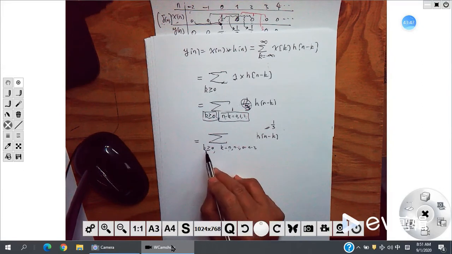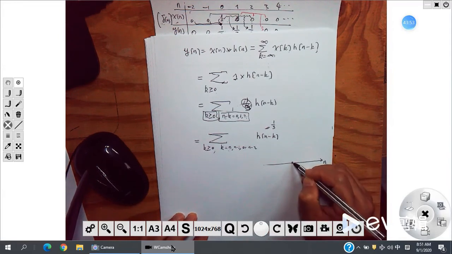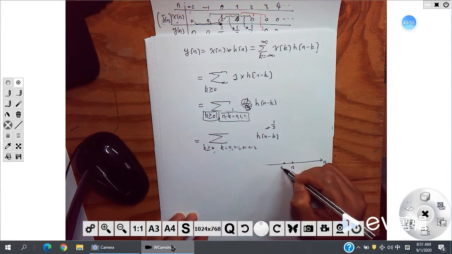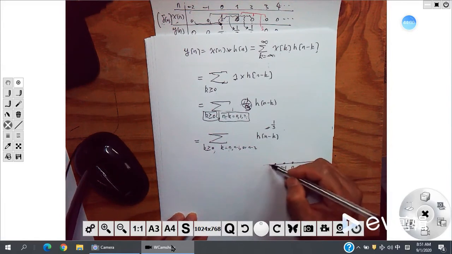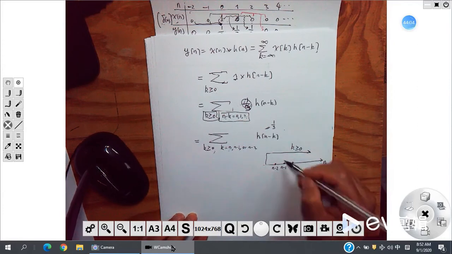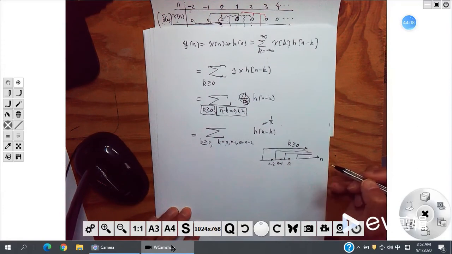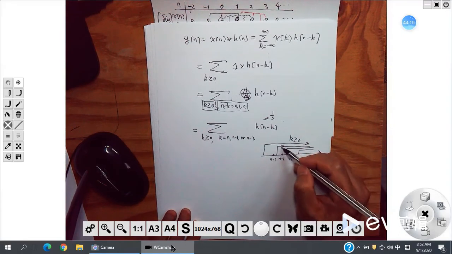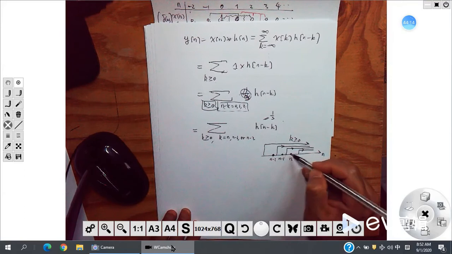We want k to be positive, and also we need to consider this is n, this is n minus 1, this is n minus 2, and I also want k larger than 0, so maybe here, or maybe here. We have 4 cases, right? Maybe k is large and you contain these 3.